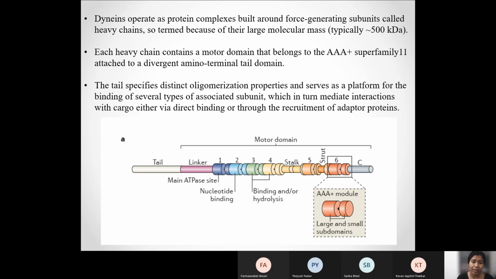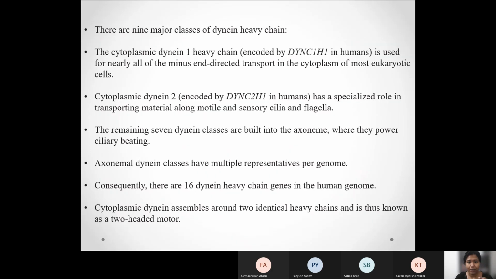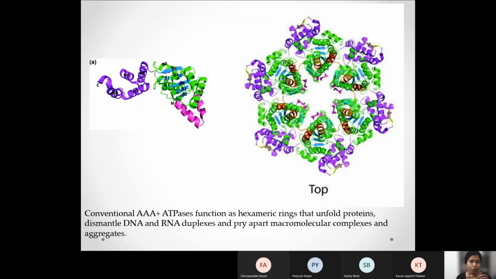Each subdomain has the smaller domain and a larger domain. And as I had explained, the whole idea behind why I'm explaining these subdomains is because you have to understand that the ATP binding and ATP hydrolysis activity of one region is dependent on the smaller subdomain of the next subunit.